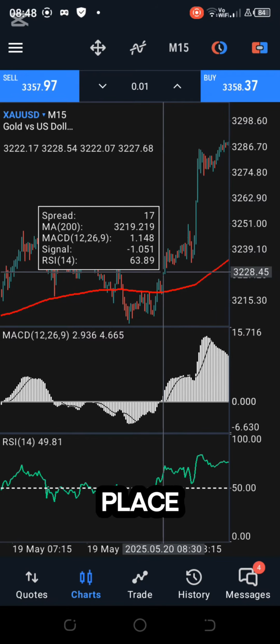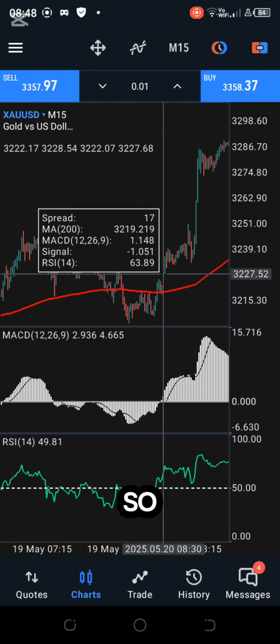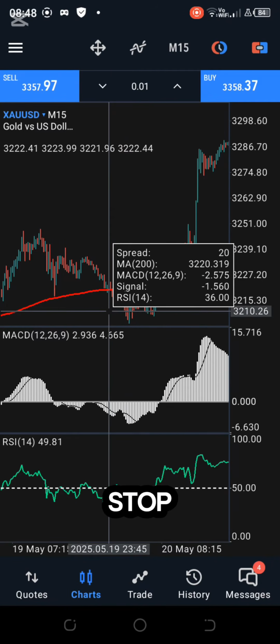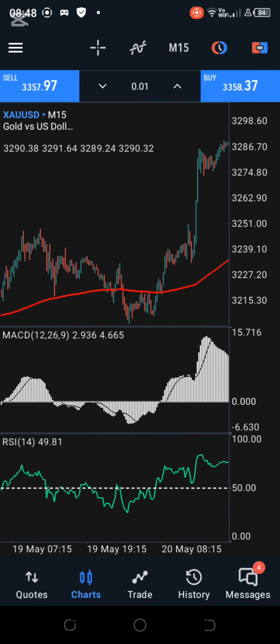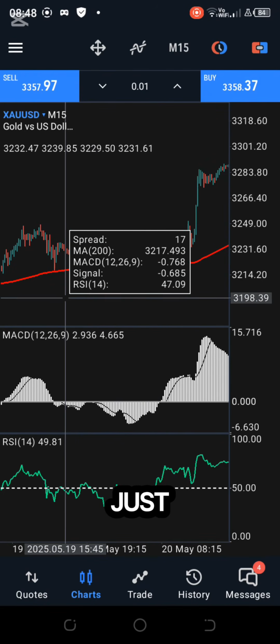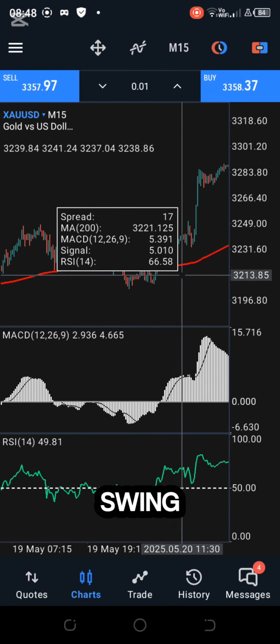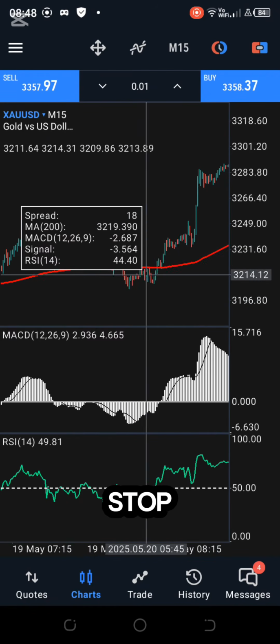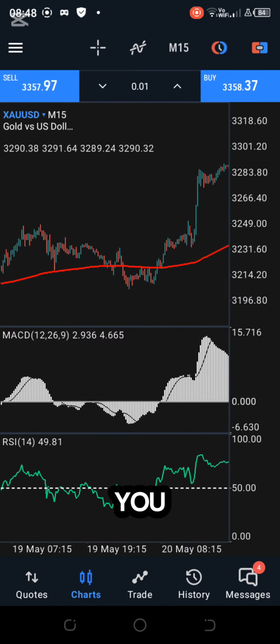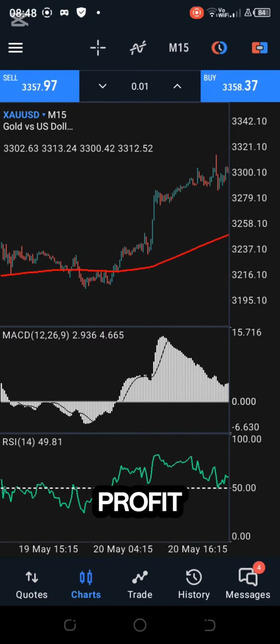So where are you going to place your stop loss? You look at the recent swing low. Looking at this particular level, we're going to place our stop loss just below this recent swing low. Then for your profit target, it is going to be 2 times the risk.